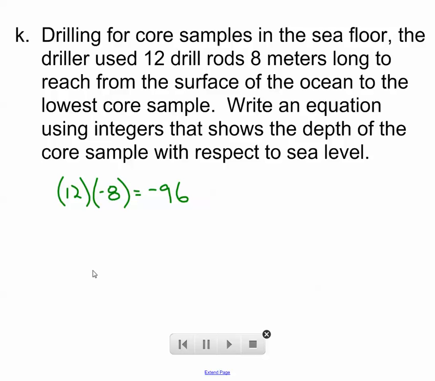That is to say, just to illustrate this for you, 12 is the number of drill rods. Negative 8 is the meters below sea level that each drill rod reaches.